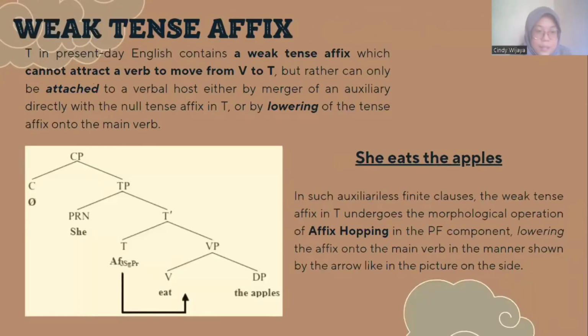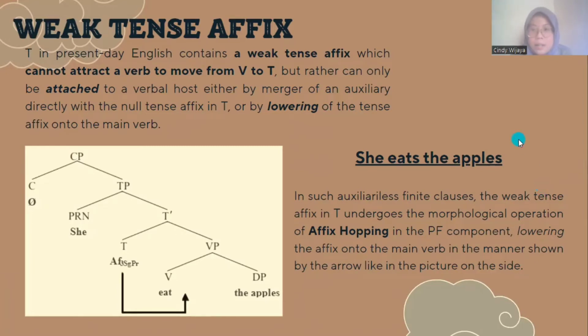And the next is weak tense affix. So T in present-day English contains a weak tense affix which cannot attract a verb to move from V to T, but rather can only be attached to a verbal host either by merger of an auxiliary directly with a null tense affix in T or by lowering of the tense affix onto the main verb.